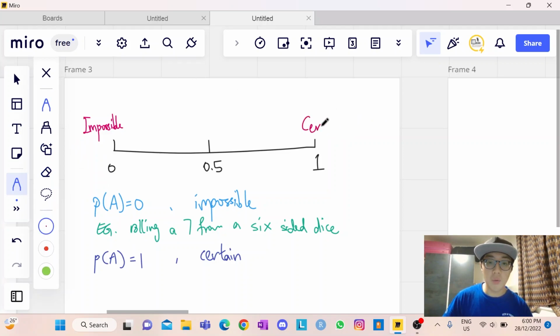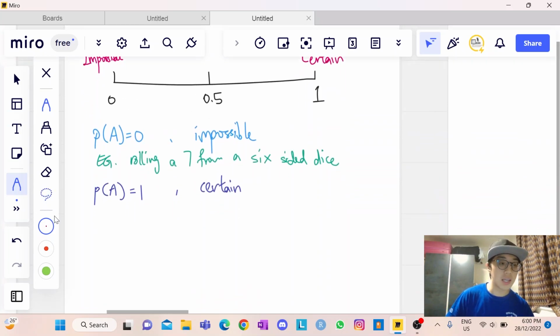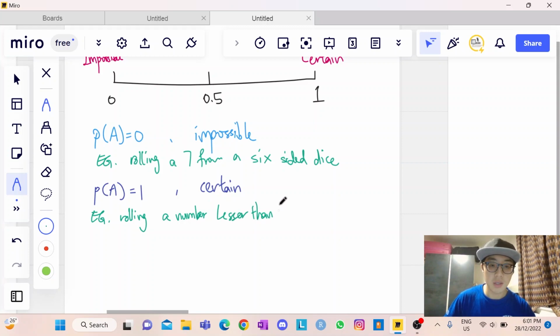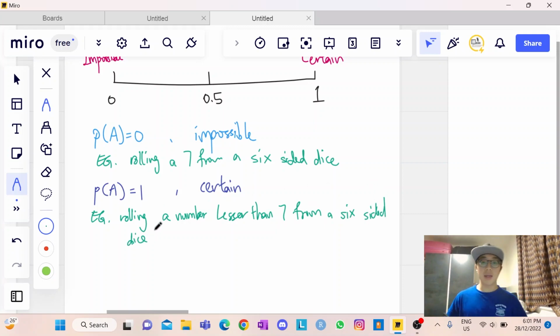What can happen in order for you to be certain that it is going to happen? A very good example I can think of is still using the die example: rolling a number lesser than 7 from a 6-sided die. We know that a die only contains 1, 2, 3, 4, 5, 6.